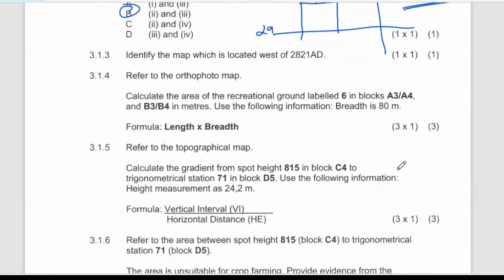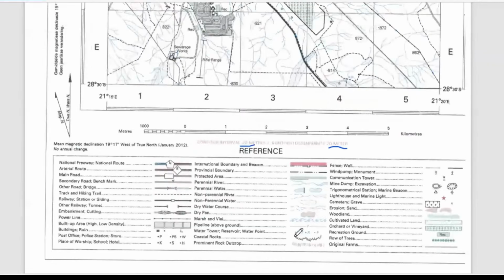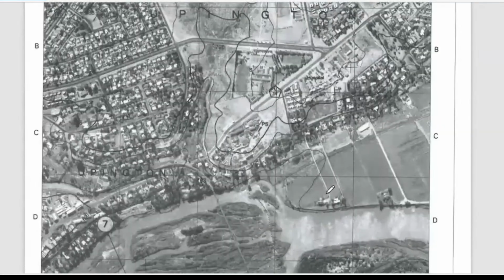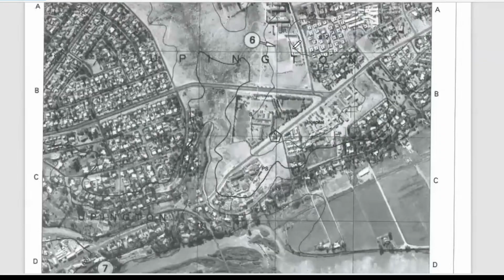Refer to the orthophoto map. Calculate the area of the recreational ground labeled 6. Let's check the area labeled 6 on the orthophoto map. This is our area labeled 6, the recreational ground, this one here. This is the area that we want.